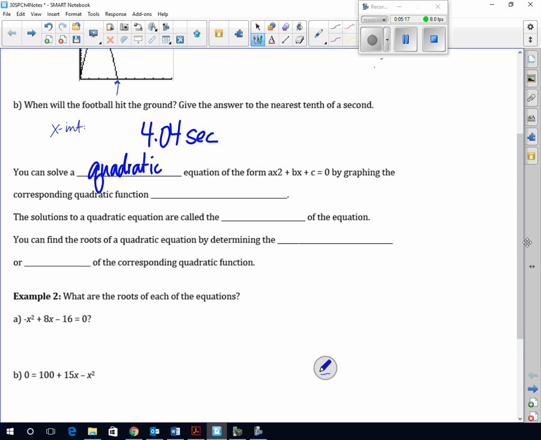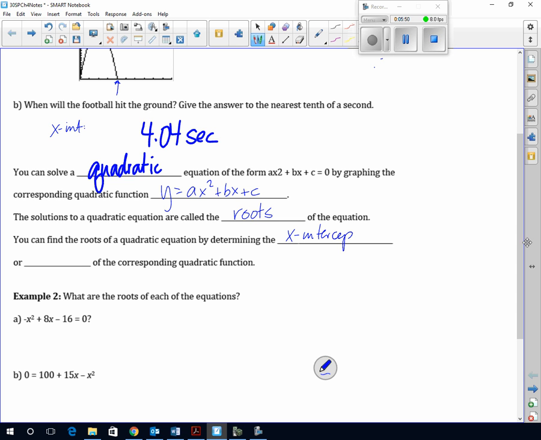The y is 0. What's that called? When y is 0? The x-intercepts, or the solutions to a quadratic equation, are called the roots of the equation. You can find the roots of the quadratic equation by determining the x-intercepts with a p or zeros of the corresponding quadratic function. So that's what we actually did.